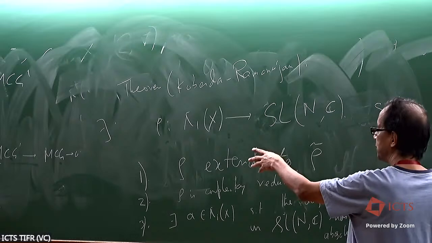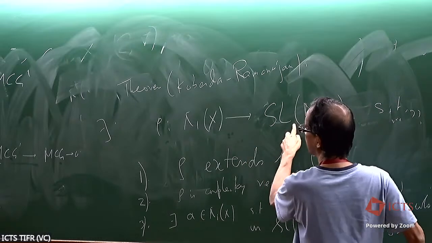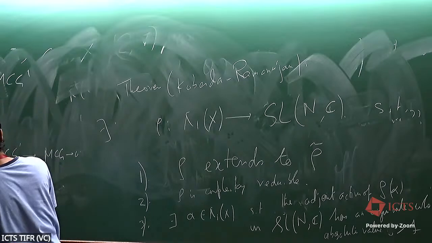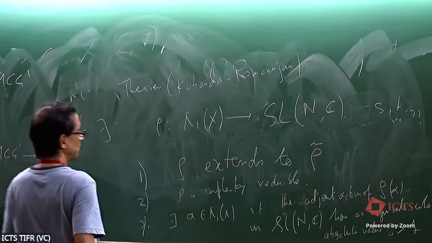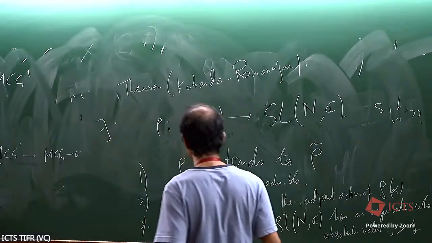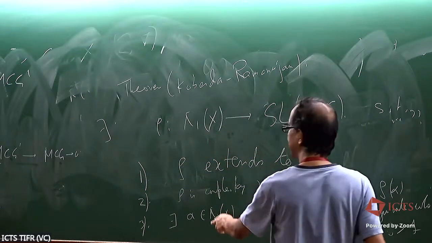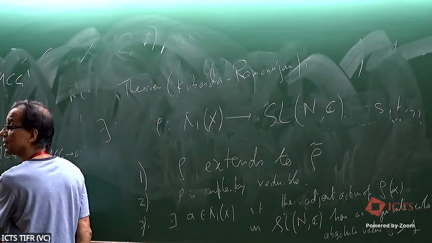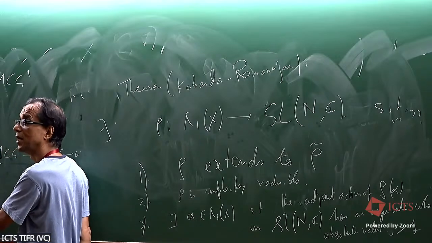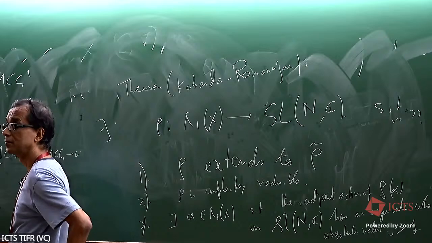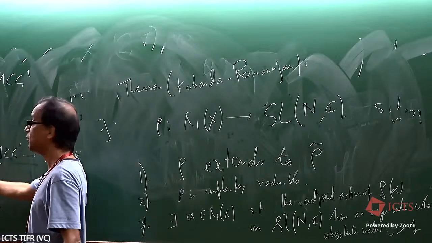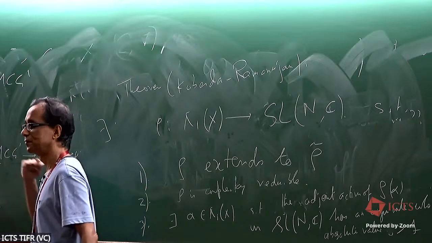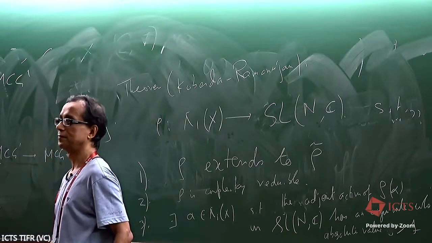Let me say it again: there is a homomorphism that extends to this rho tilde. Rho is completely reducible, and there is an element alpha such that the adjoint action of rho of alpha on the Lie algebra has an eigenvalue strictly larger than 1. So this means rho cannot be unitary, because if it is unitary, all the eigenvalues have absolute value 1. So this rho is not unitary.